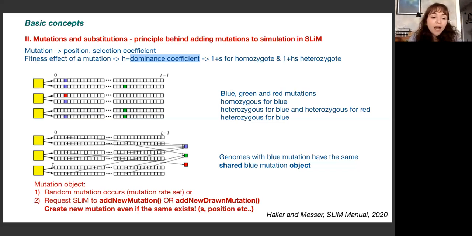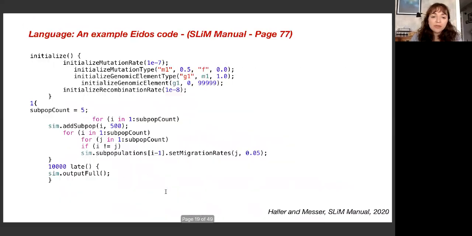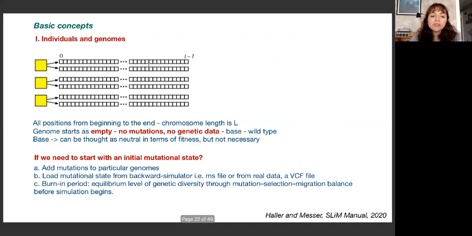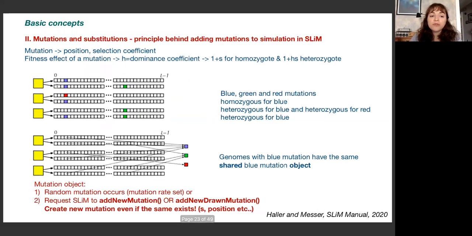And how do we add mutations in SLiM? Random mutations can occur in every position based on the mutation rate that you set. If you go back, you can see that you set a mutation rate in your simulation. Based on this mutation rate, randomly, mutations will be added to the genomes of the individuals that will be simulated.